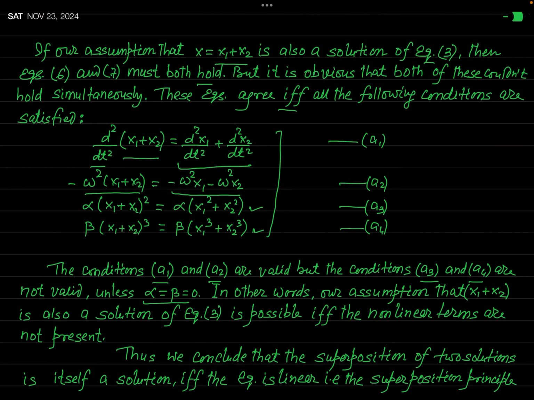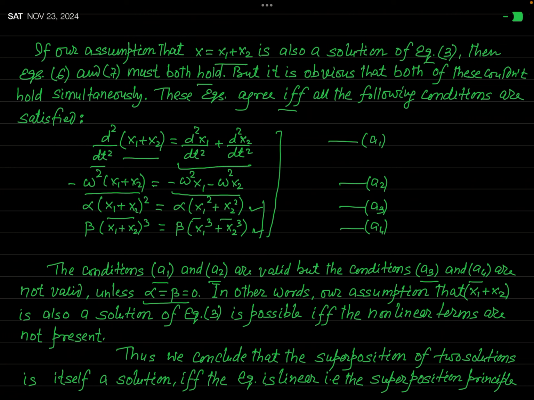Because in LHS there is (x1 plus x2) whole square, but in RHS there is only x1 square plus x2 square. But (x1 plus x2) whole square will also contain 2 x1 x2, which is not present in RHS. So definitely these two conditions will not hold. Only the first and the second condition will hold.